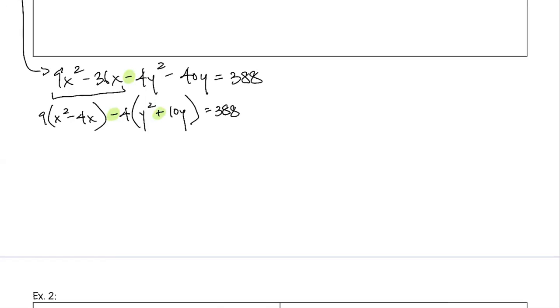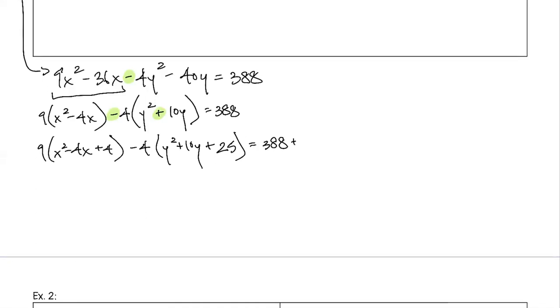All right, let's complete those squares. 9 times x squared minus 4x plus 4, minus 4 times y squared plus 10y plus 25, equals 388 plus 36, because 9 times 4, minus 100, because it's 4 times 25. Okay, so 9 and 4 make this 36.